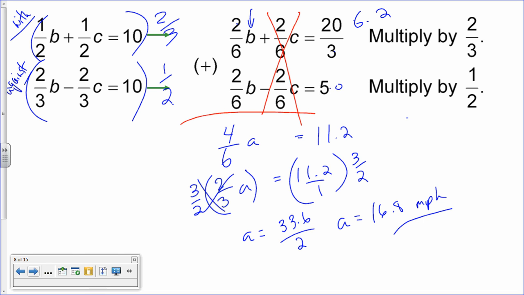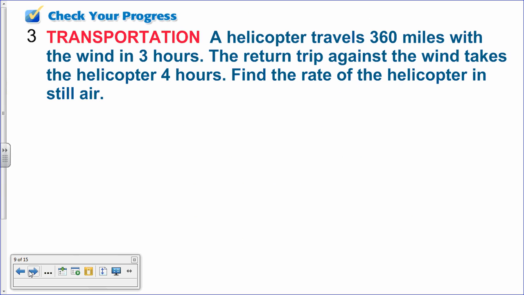Yeah. Okay, so you have to be ready for that. You guys good? I'm telling you right now, there's gonna be a problem like that on the test. I almost bet my paycheck on it. Write it down.